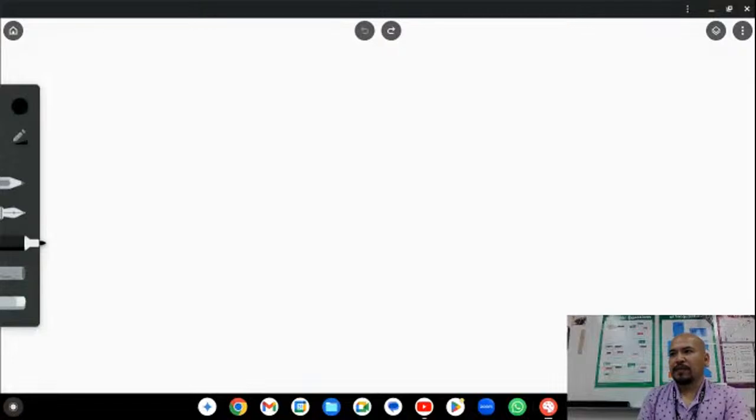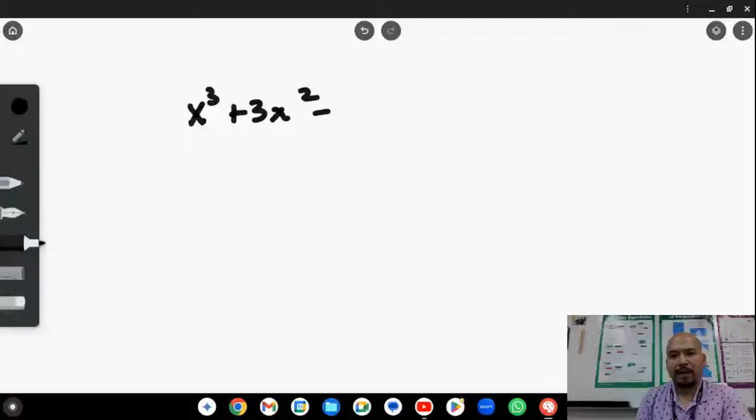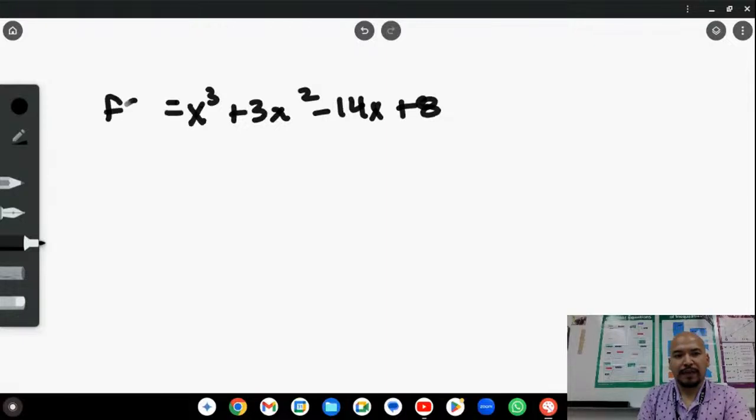Let's say I give you this example: x to the third plus 3x squared minus 14x plus 8, and let's pretend this is f of x.